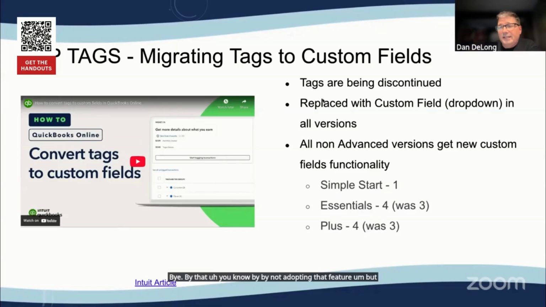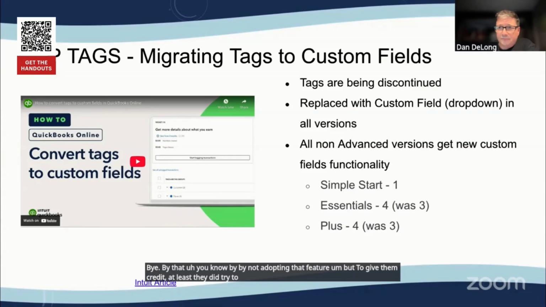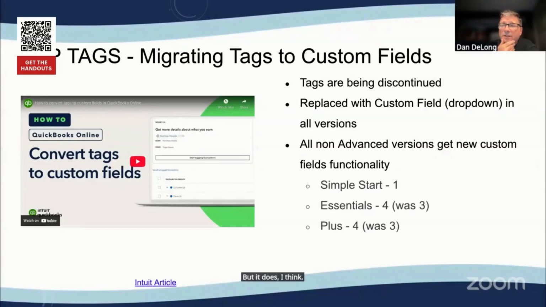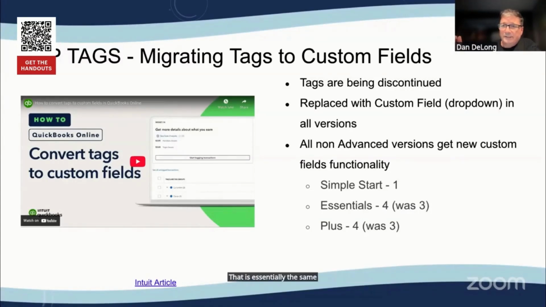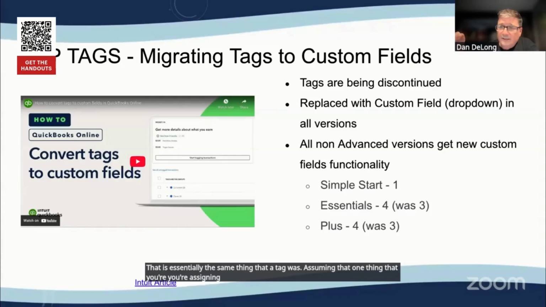But to give them credit, at least they did try to think this through. It's not perfect, but I think it lays some groundwork for them to actually bring back the fully functional things that are getting removed here. So what's happening is they're replacing it with a custom field, because on the surface, that is essentially the same thing that a tag was, assuming you're assigning just one tag to the transaction, right?